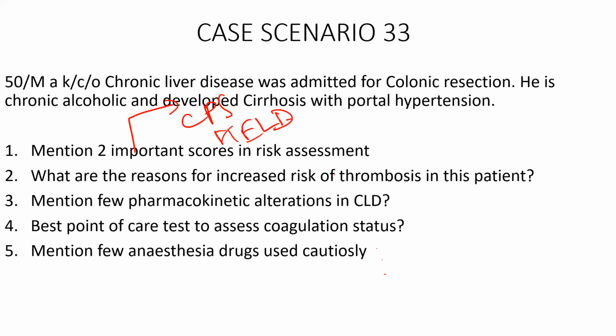Model for end-stage liver disease. So go and find what criteria are included here and what the criteria are for the model for end-stage liver disease. Ideally, the model for end-stage liver disease is used to predict mortality in patients waiting for a liver transplant. It is not ideal for liver cirrhosis, but anyway, those are 2 scores used clinically. All right. What are the factors which increase the risk of thrombosis in this patient?